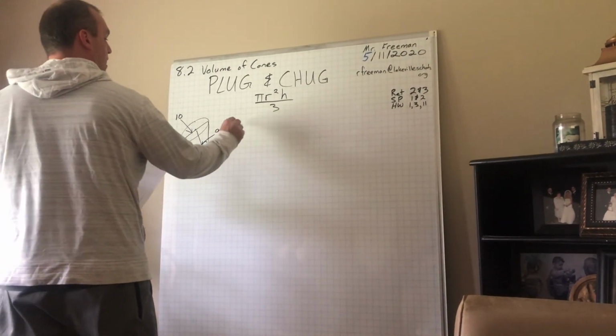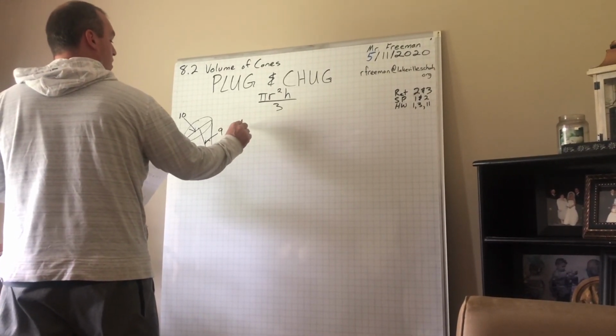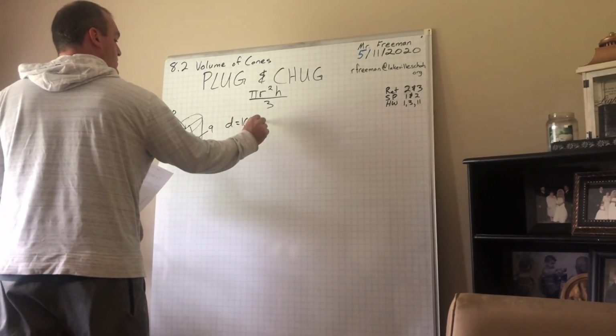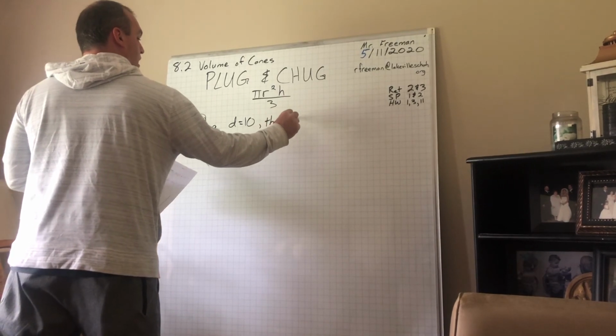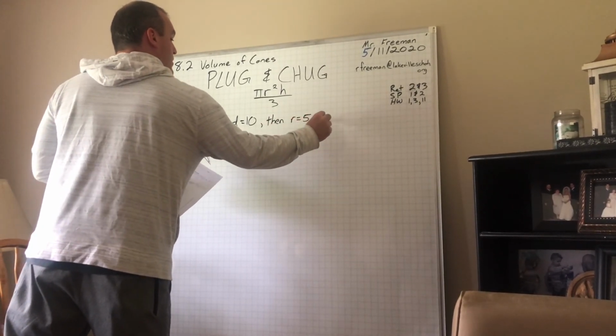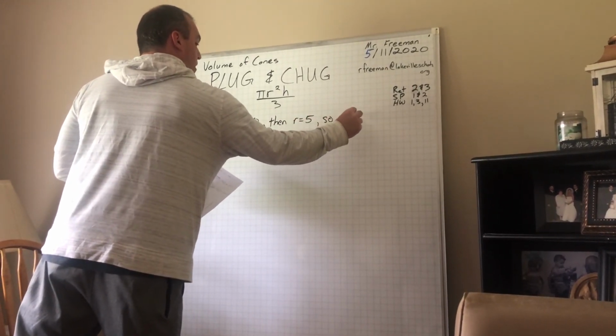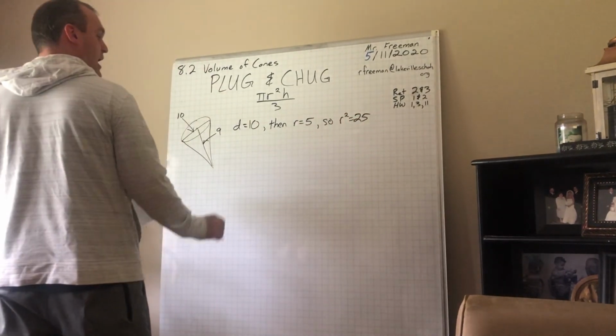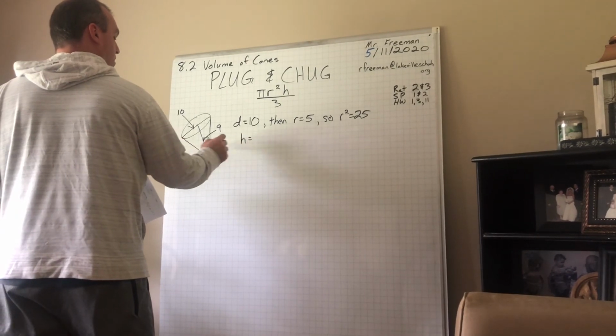So we say, okay, if the diameter is 10, then our r equals 5. So r squared equals 5 times 5 is 25, right? And we know our height equals 9.